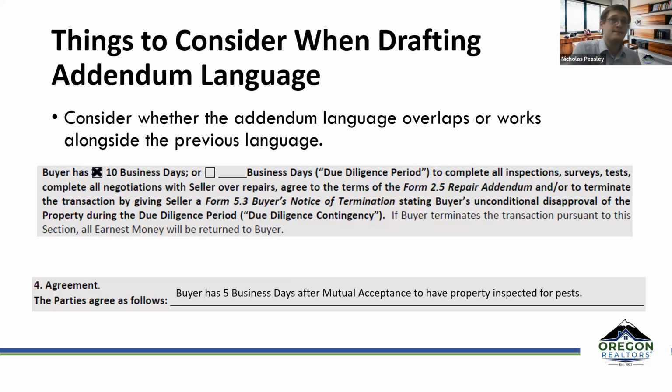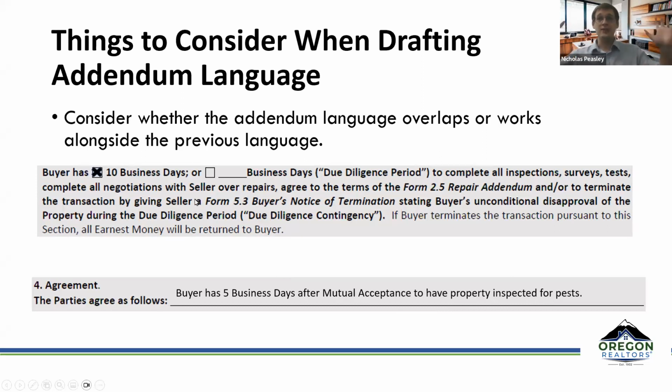inspected for pests. Question for the class, let's see responses. Does this change the due diligence period? See one answer that's a yes. So if I say buyer has 5 business days after mutual acceptance to have the property inspected for pests, can the buyer still do surveys and tests and other due diligence?